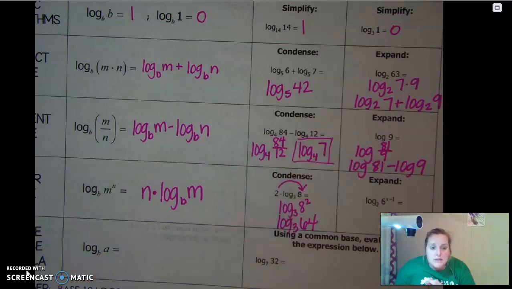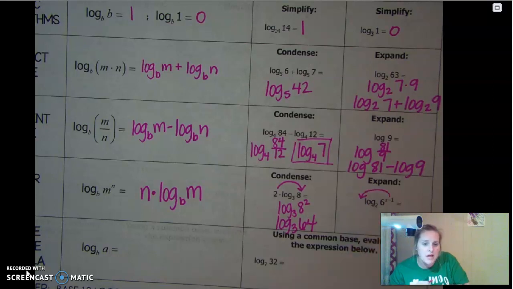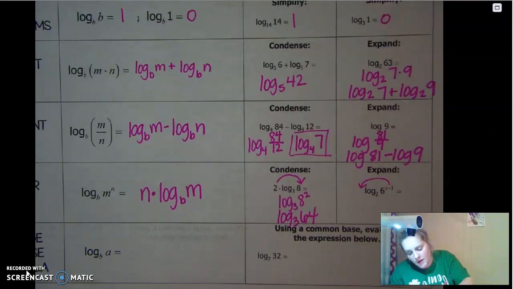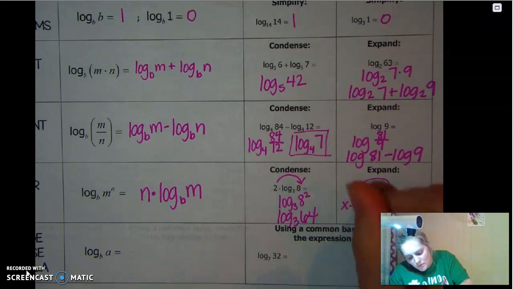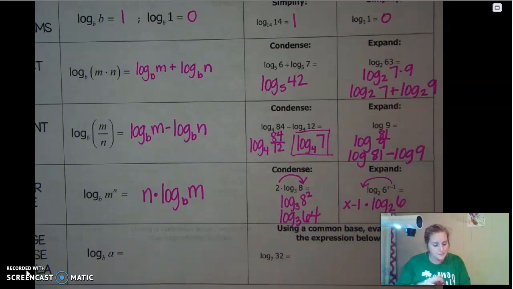Yes. See, I need y'all here to say yes. Okay, and then expand this. X minus 1, the entire thing is the exponent, so that entire thing is going to go in front. So you've got x minus 1 times log base 2 of 6, like so.